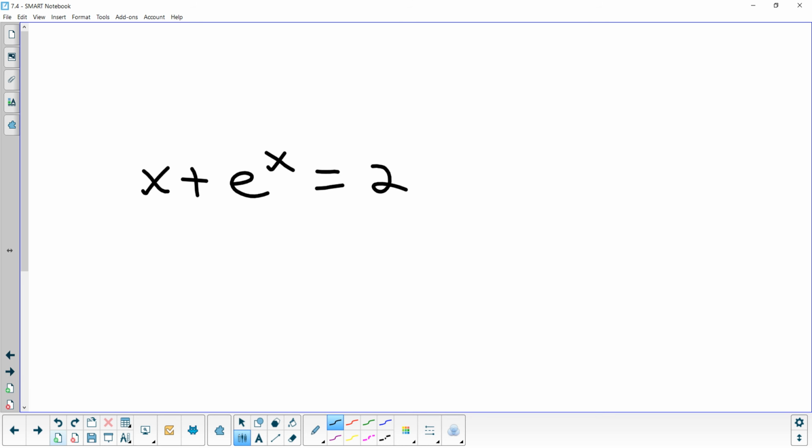Remember, the goal when you want to solve a problem is to get x by itself. Well, if this x wasn't here, that'd be easy. All I'd have to do is minus e, and there's the answer: 2 minus e. That would be 2 minus 2.718. But that's not the problem.